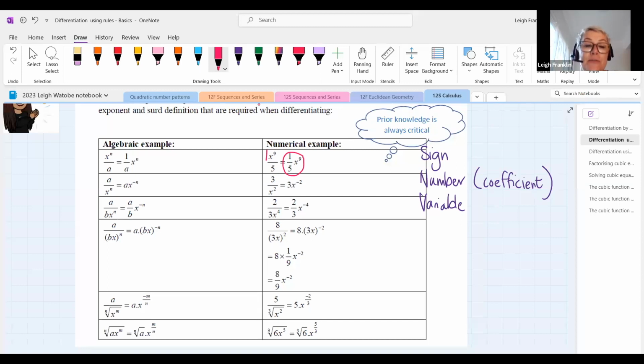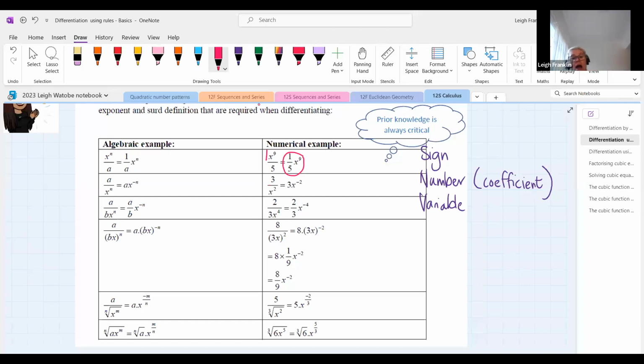Now negative exponents. One of the things that we need to be able to do when we differentiate is remove divide lines like the one over here. We can take what was in the denominator into the numerator, provided we change the sign of the exponent. So 3 over x squared can be written as 3x to the power of -2, and that means the x is now in the numerator.